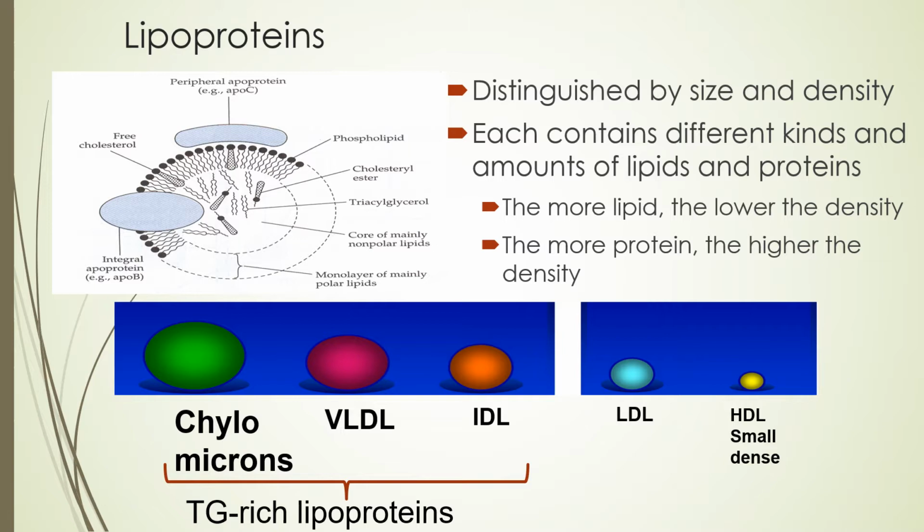For the categorization or classification of lipoproteins, lipoproteins are classified in different ways. They are categorized according to their size and density, which are denoted by their lipid and protein content.